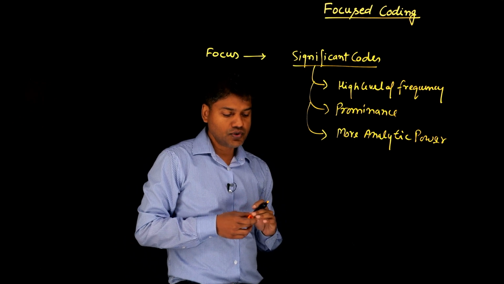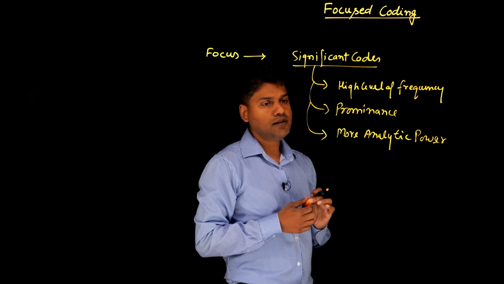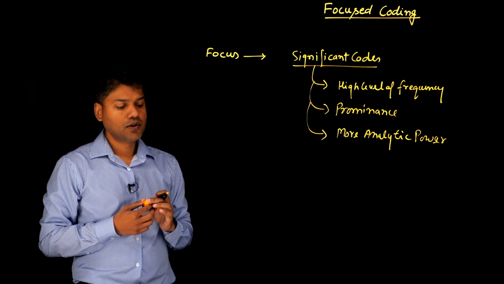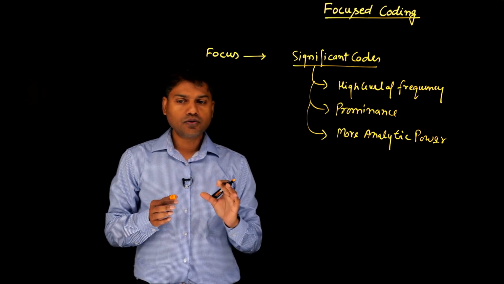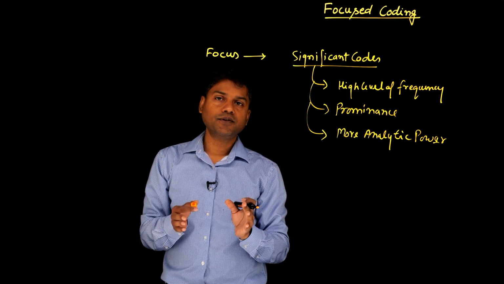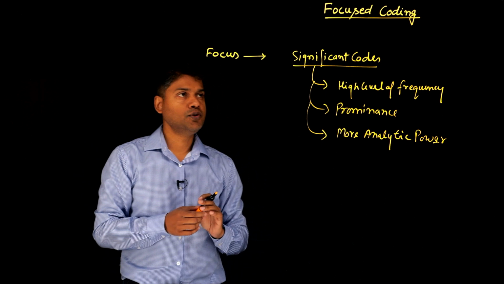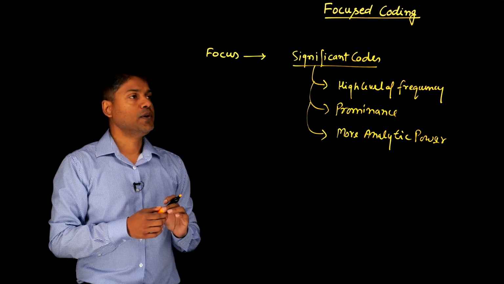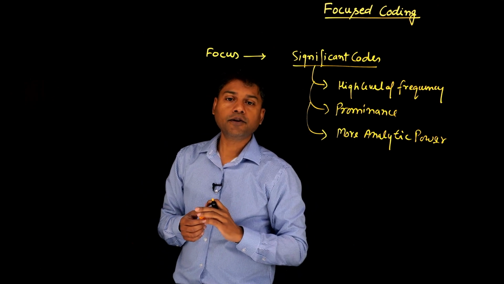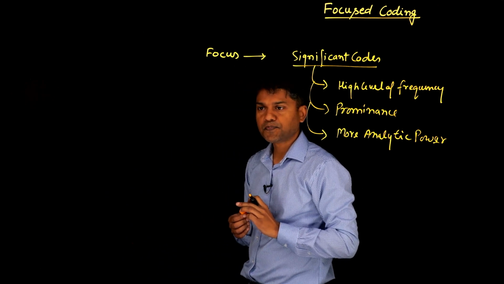And then you choose these codes and you do focused coding on those codes. What it means is that you don't focus on all the initial codes. You're choosing codes which you think are significant, with a very high level of frequency, very prominent, and with more analytic power to explain the phenomenon.